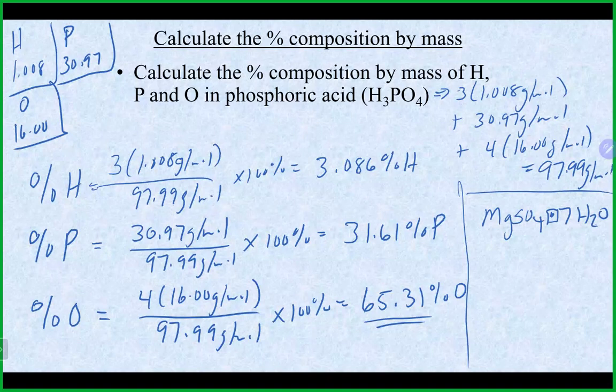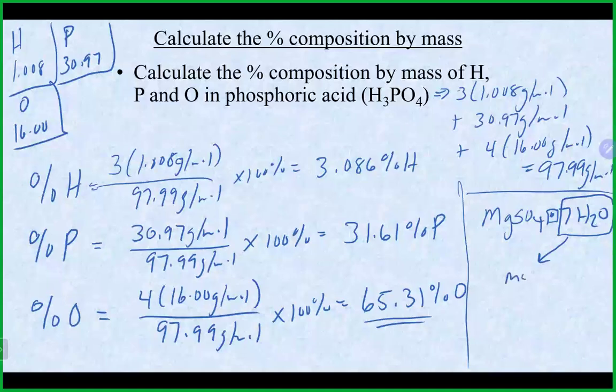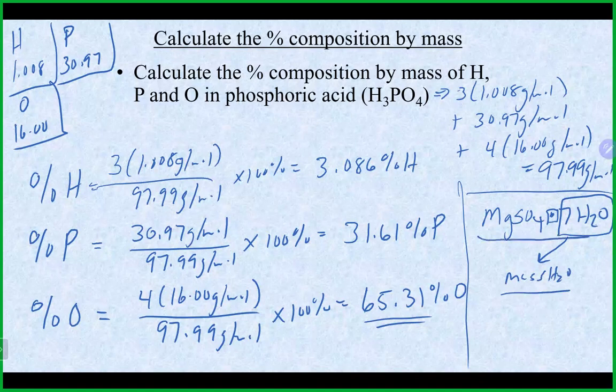You would take the mass from the periodic table of the 7 waters, and you would divide it by the molar mass of the entire hydrate, which is the salt part, the magnesium, the sulfur, and the 4 oxygens, and the 7 waters. So you would need to include the 7 waters as well. You take the mass of that hydrate and times it by 100%, and that would give you the percentage of water, for example, in that particular hydrate. Any questions on that there?